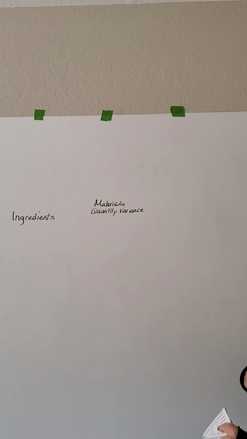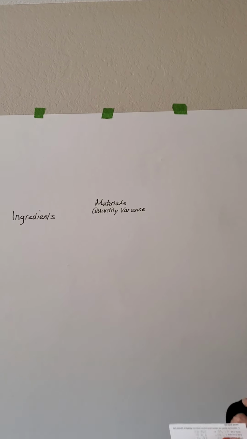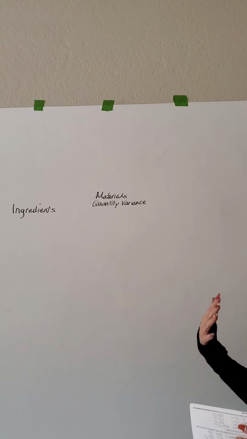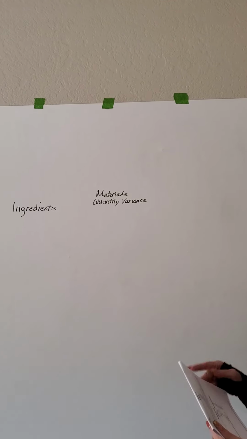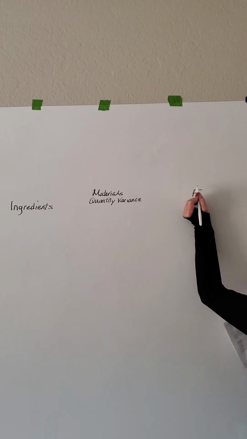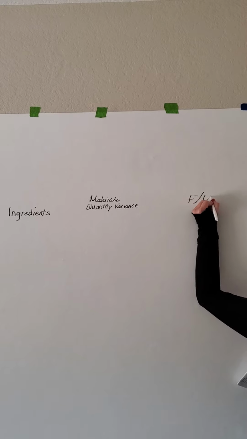We'll also have a materials price variance, which will depend on whether we paid more or less than the standard per unit on the quantity. So we'll do those in the next problem. And then they're going to be favorable or unfavorable.